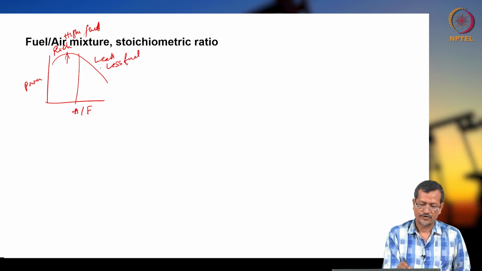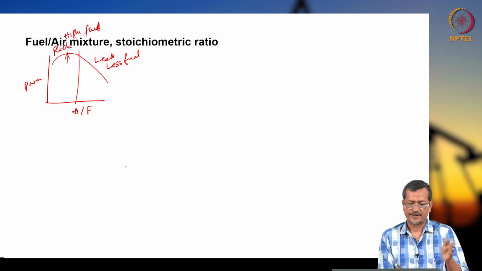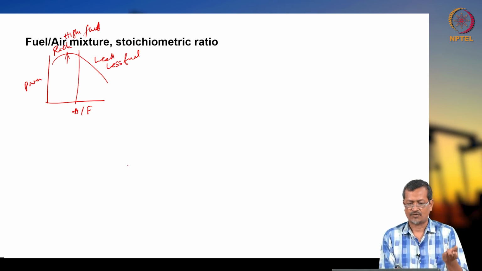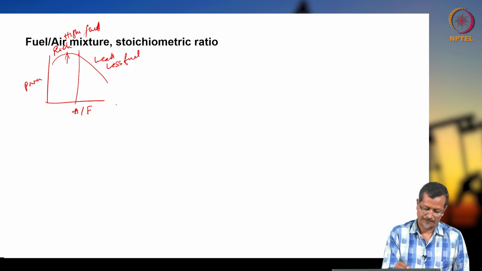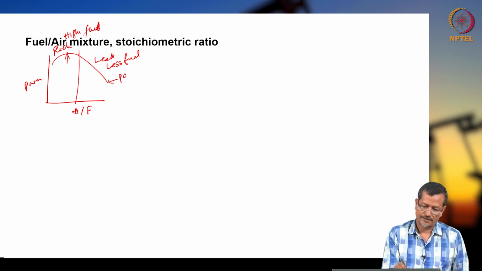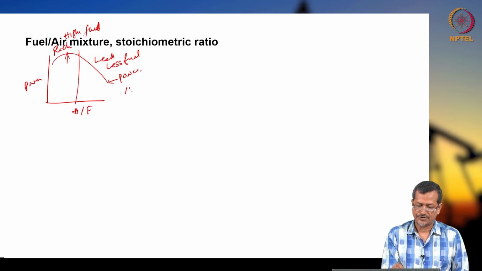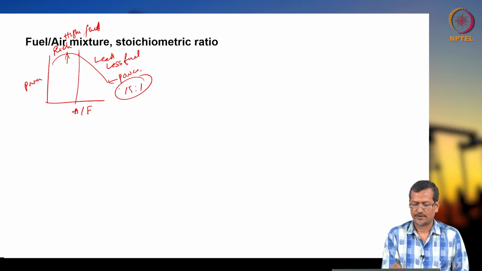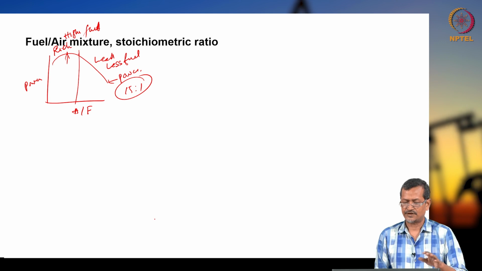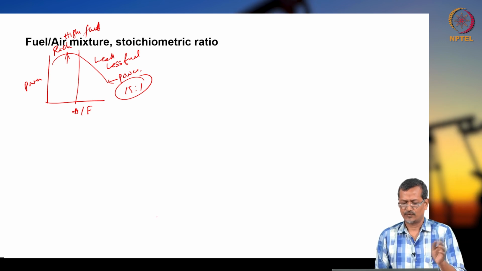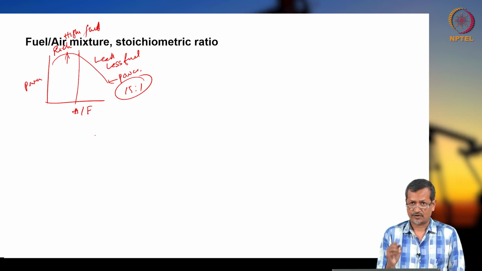So, less amount of fuel this side, and the vertical line is the proper air fuel mixture. A little bit rich mixture will give higher power because all fuel will be burnt. This is the power curve. And for normal operation, for normal hydrocarbon burning in an IC engine, 15:1 will be the normal ratio. It may be more or less also based on your hydrocarbon property.